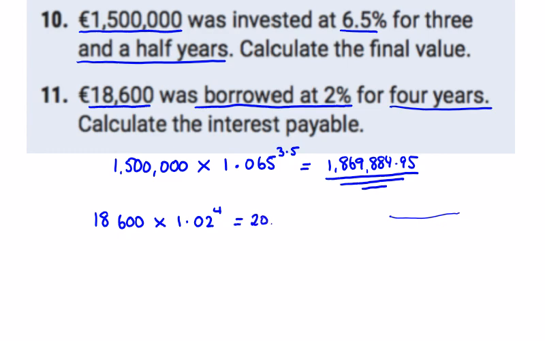And that's 21,332.238, so 21,332.24. It started off as 18,600. So we owe 1,533.24 in interest.